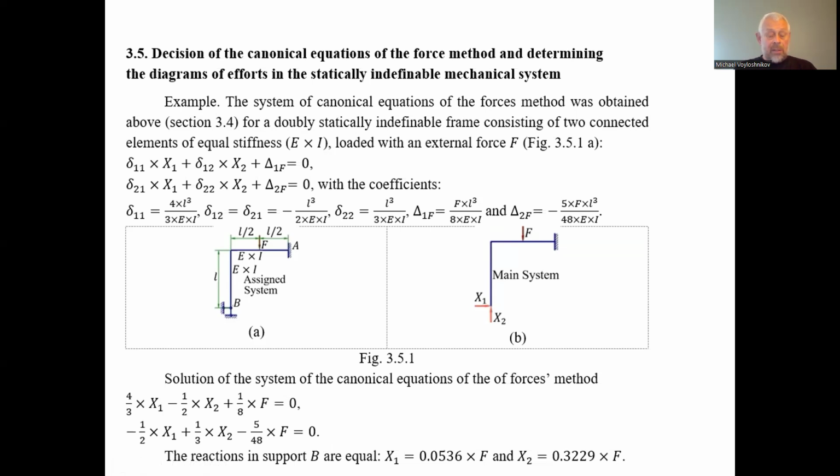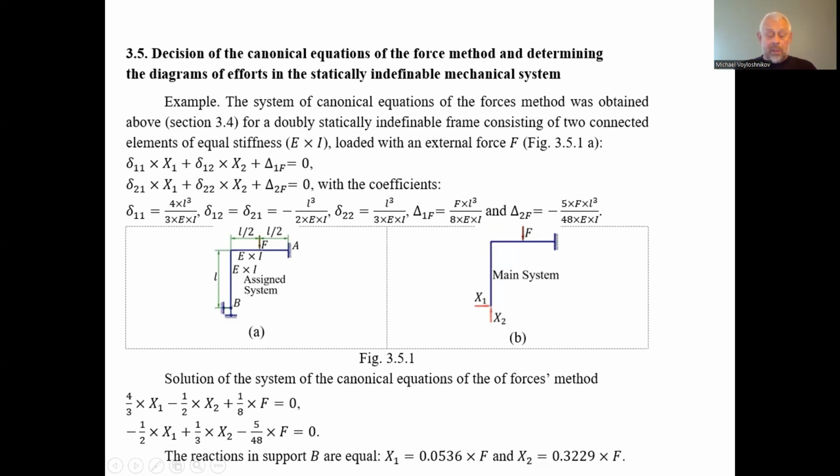We can, for example, determine x1 from the first equation, substitute it in the second equation to find x2 and the external load F, then find the force x2 from the second equation and substitute back into the first equation to find the force x1. It's not a big deal, and I will not go into detail.